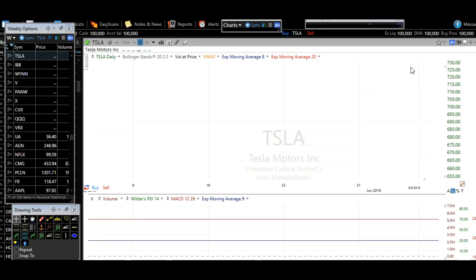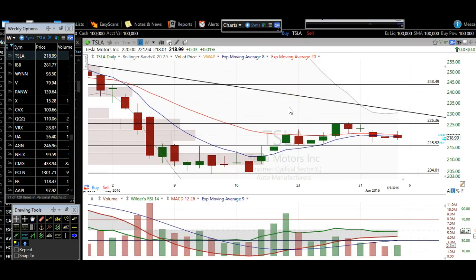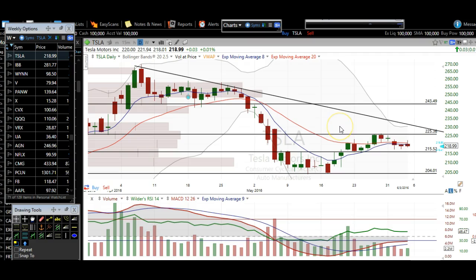Next I want to cover Tesla. Pretty easy levels here. We've got 215 support, 225 resistance. That 225 resistance also lines up with this downtrend line over here. So we've got several touches over here as well. So that 225 is going to be a big resistance.